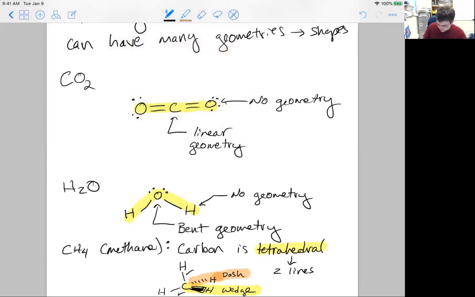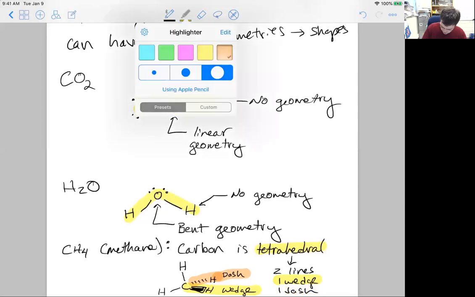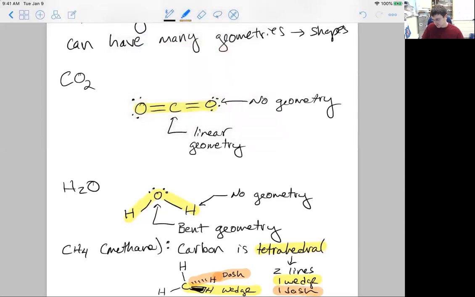Check, check. We have our 2 lines, 1 wedge and 1 dash. So whenever we draw a tetrahedron, we want to include this 1 wedge and 1 dash. I'm going to make my highlighting sort of match that.